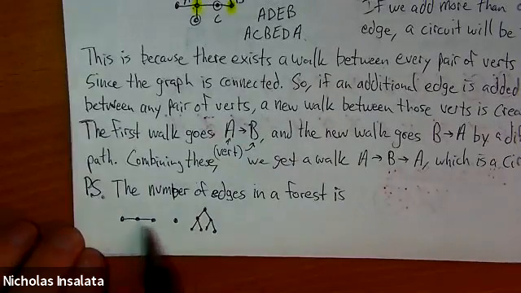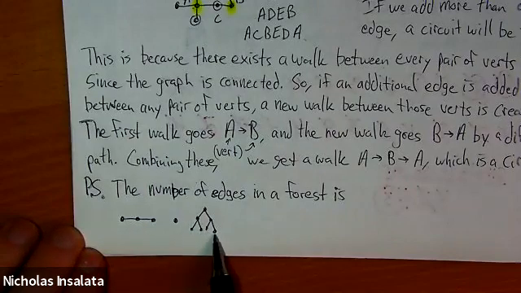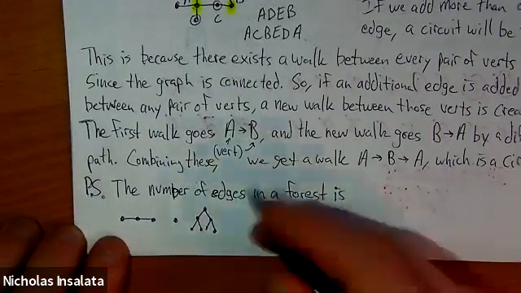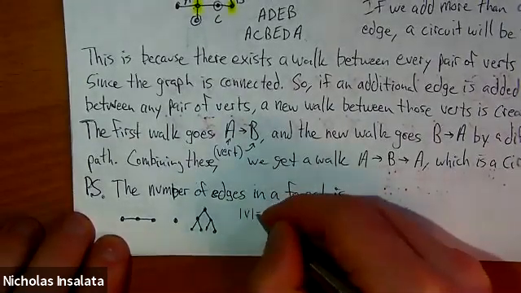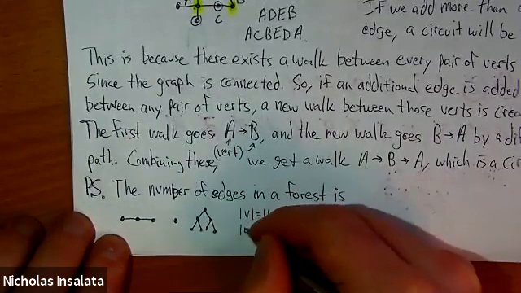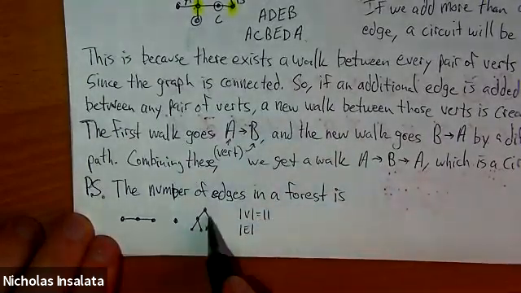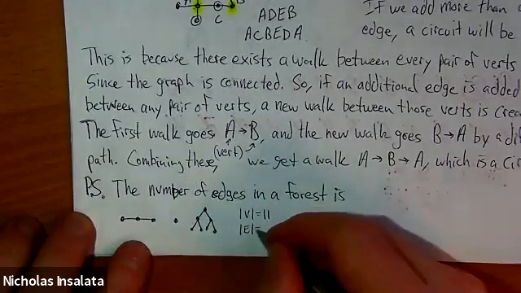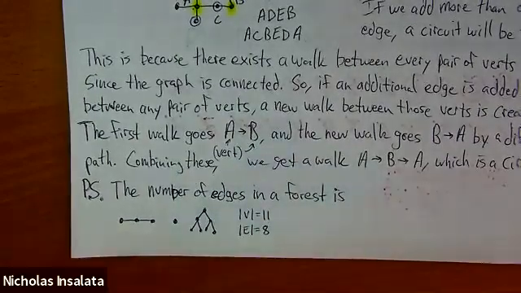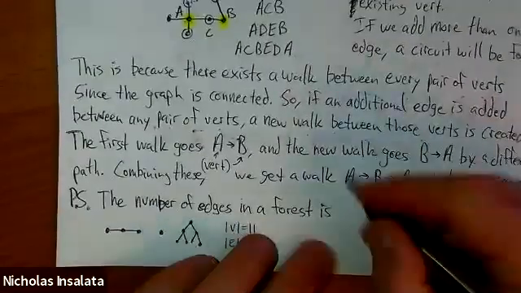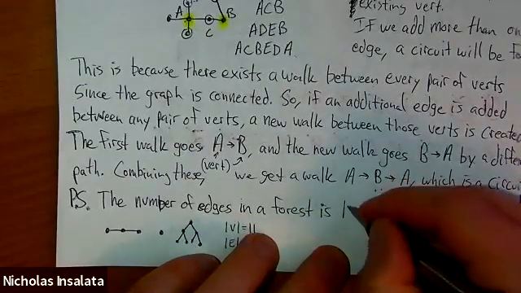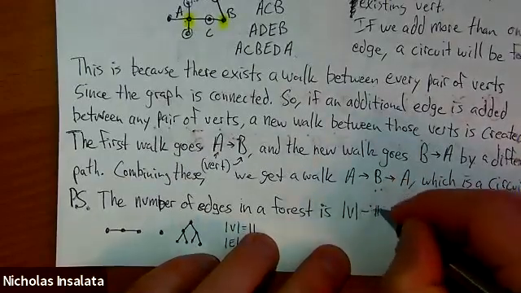We've got vertices 3 plus 1 plus 7, which makes 11, right? So the vertex set size is 11. The edge set, how many do we have there? 1, 2, 3, 4, 5, 6, 7, 8. So I think, Sean, your formula looked to be correct, where the number of edges in a forest is the size of the vertex set minus the number of components.